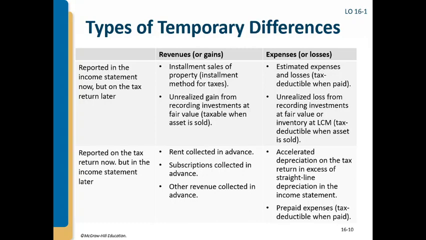All right, so in the book on page 911, you have different types of temporary differences. In the book, you don't see it here because they didn't do it, but you have shadings, different sections of this shaded either purple or blue.